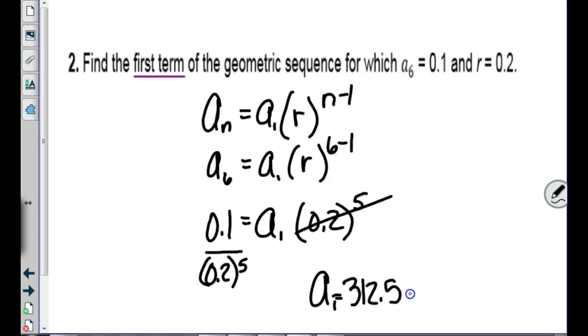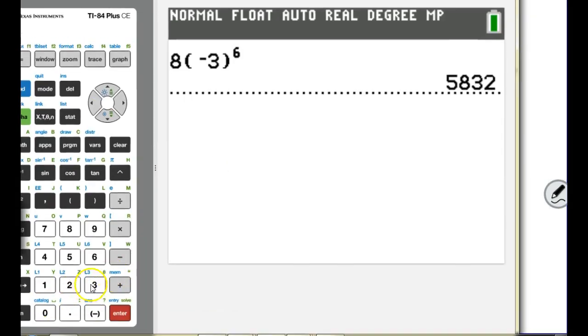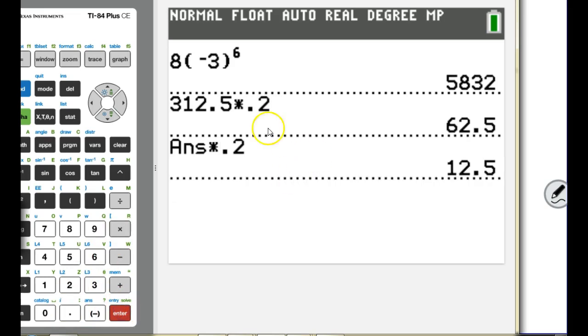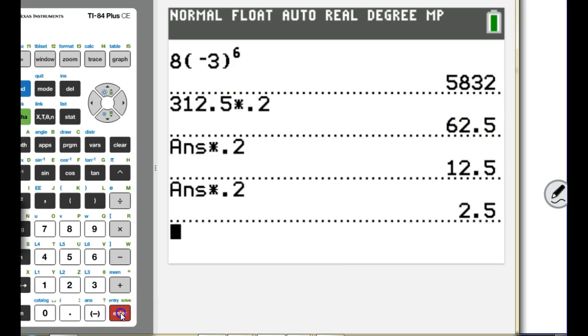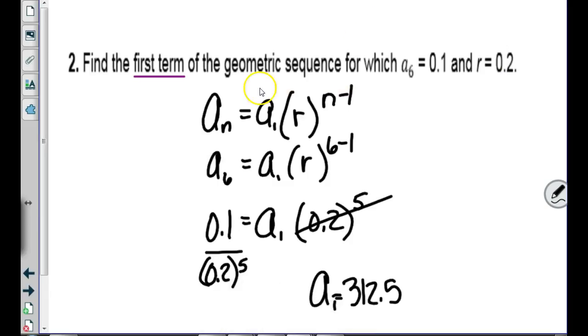Now, if we wanted to check, we get 312.5, and what was the ratio? 0.2. So here was the first term, second term, third term, fourth, fifth, sixth was 0.1. Is that what we got? Does that check with what's on the paper? Okay. Just showing you how you can check these.